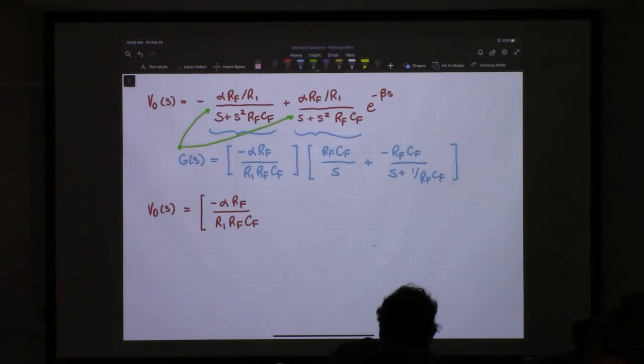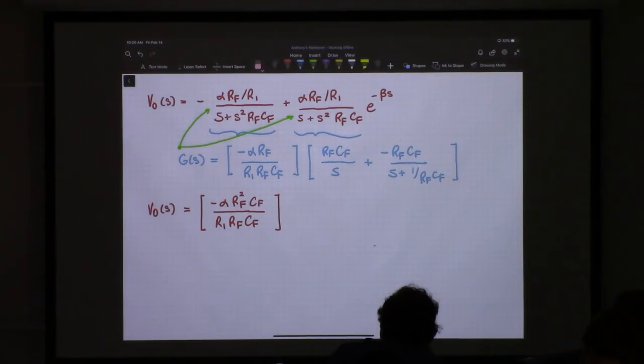Okay, so that takes care of all of these. Then what we can do is from each one of those pull out another RF CF. So that'll make this RF squared CF. And I know that's a messy coefficient. We need to eliminate some terms, but I'm going to leave it the way it is just for right now.